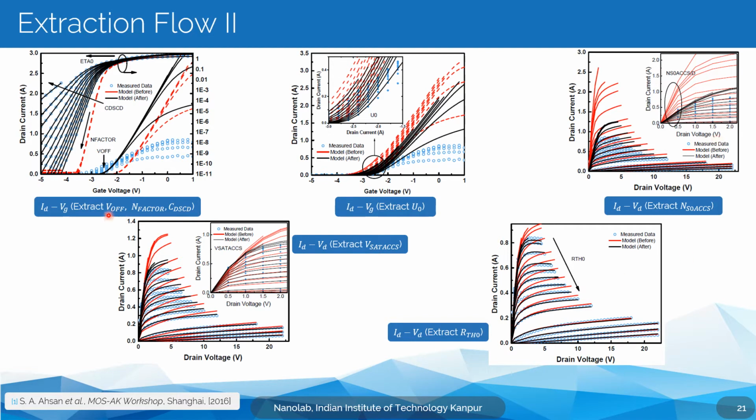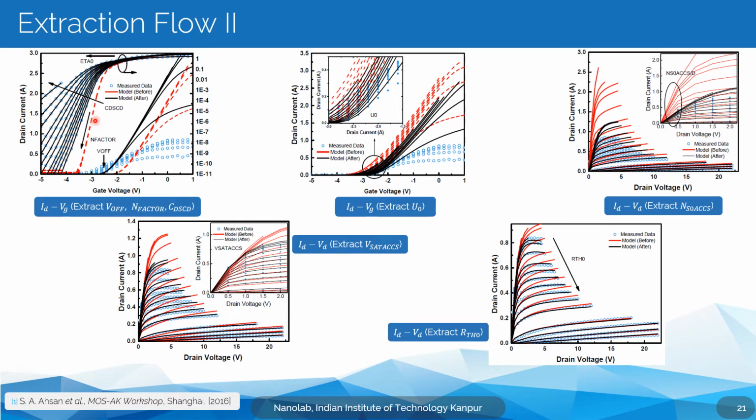So the first step we discussed was the subthreshold characteristics, and in the subthreshold characteristics we extract a few parameters like Voff, which is the off voltage or the threshold voltage, and then the N factor, which is the subthreshold slope, and CDSC/CDSCD is the drain bias dependence of the subthreshold slope. As you can see, the subthreshold slope changes with different drain bias conditions.